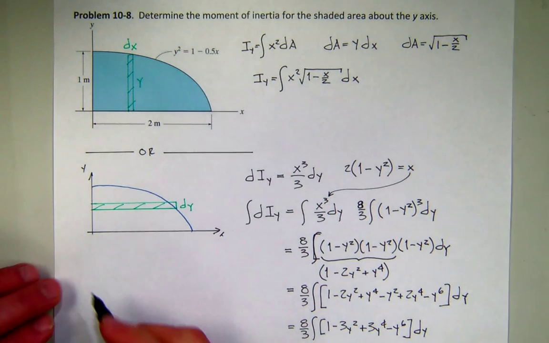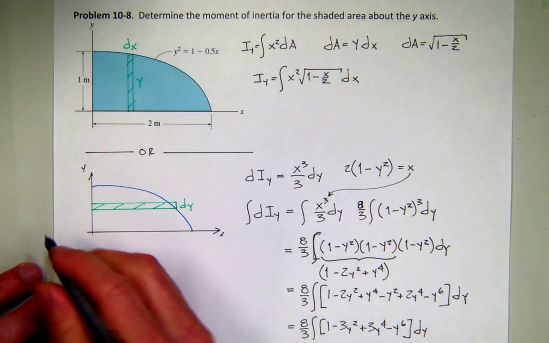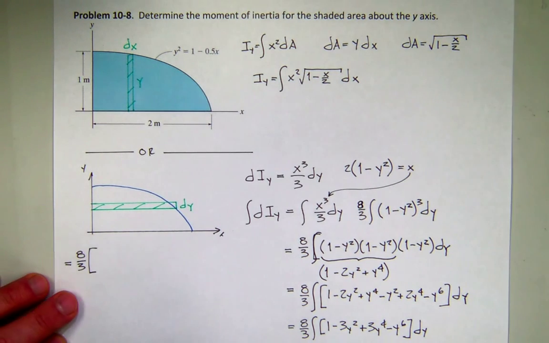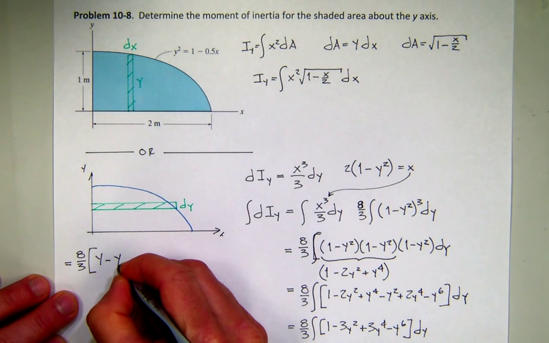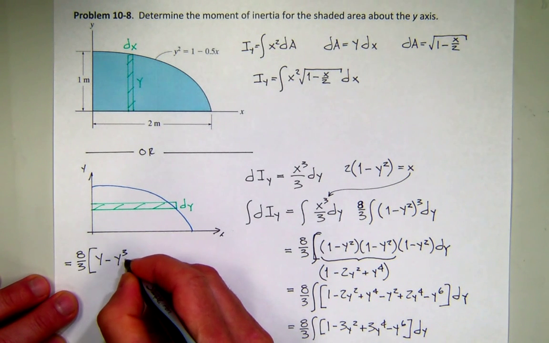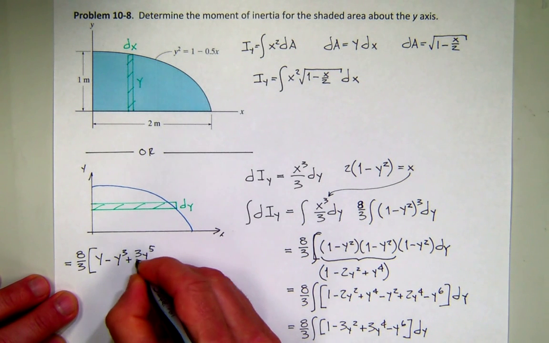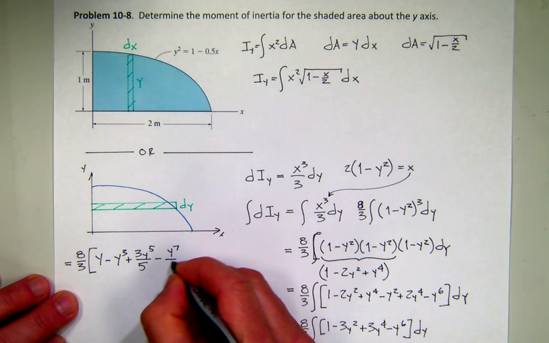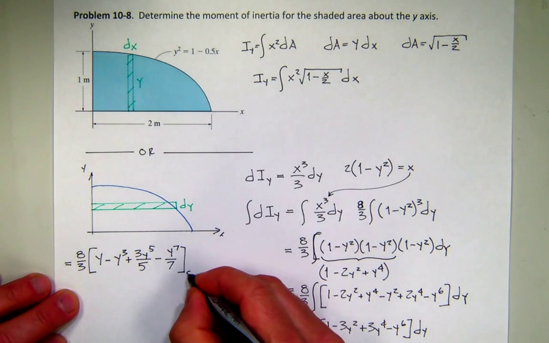Okay, so let me slide over here, and that should be equal to 8/3, and now I can finally do the integration. So I've got y minus y cubed plus 3y to the 5th over 5 minus y to the 7th over 7. And fortunately, this is integrated in dy from 0 to 1.